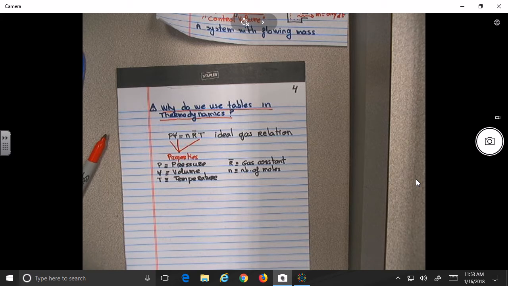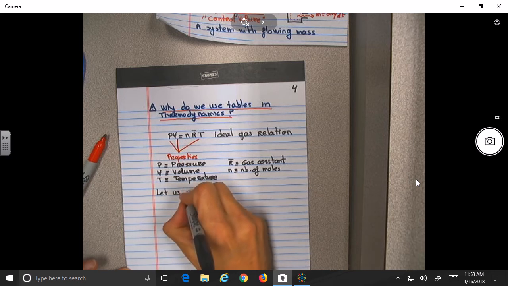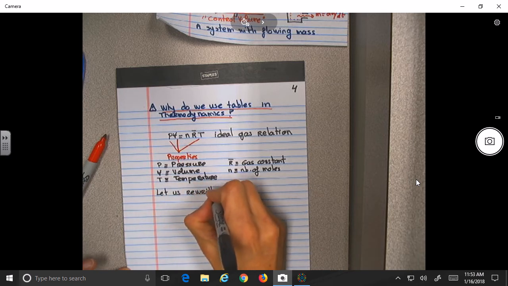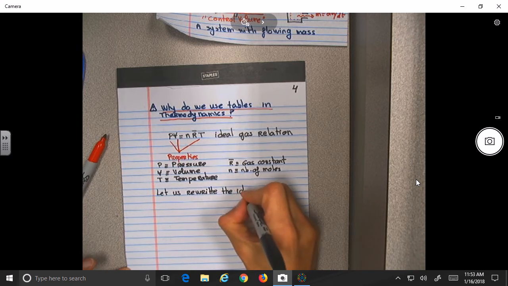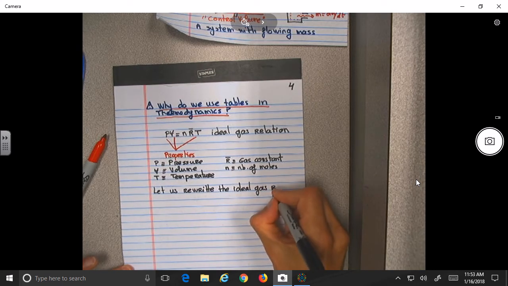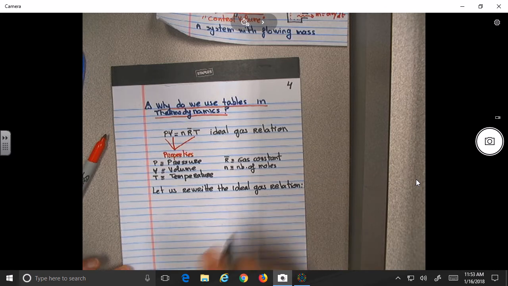let's just rewrite this a little bit differently. So let's see, how can we do that? So, all right. Let us rewrite the ideal gas relation.